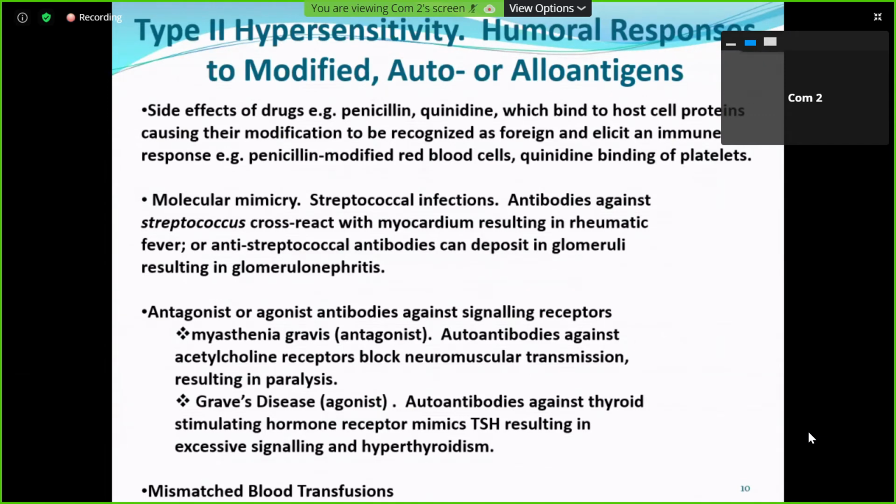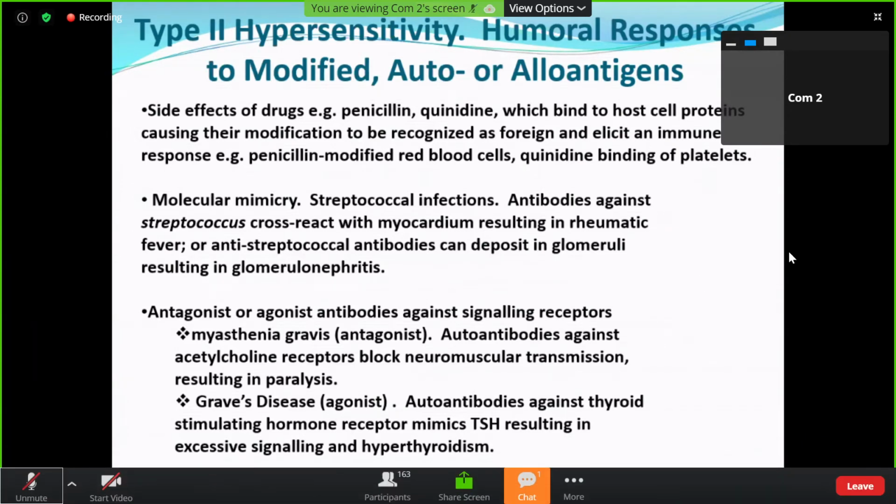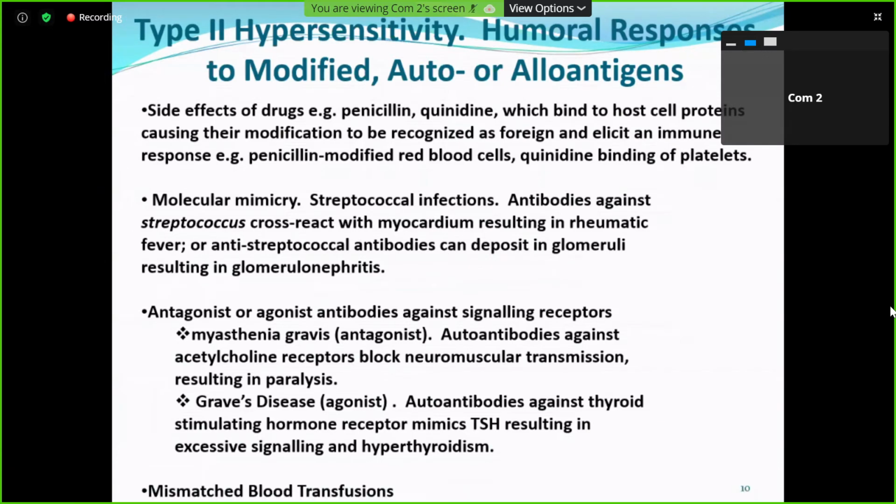But in this situation, when these penicillin drugs get into the bloodstream, they get broken down into smaller components. One of those components can then attach to red blood cells, creating a type of hapten-carrier complex. And so you develop antibodies against red blood cells, and you can get anemia as a result.